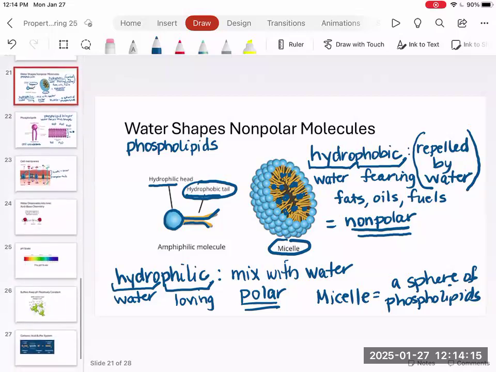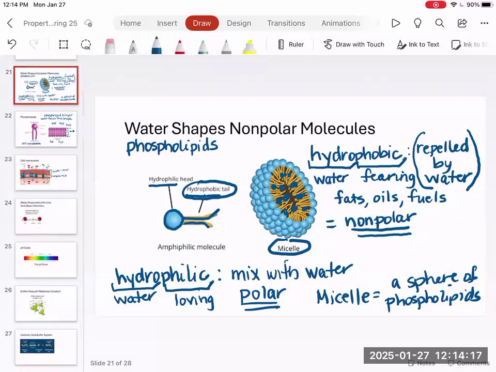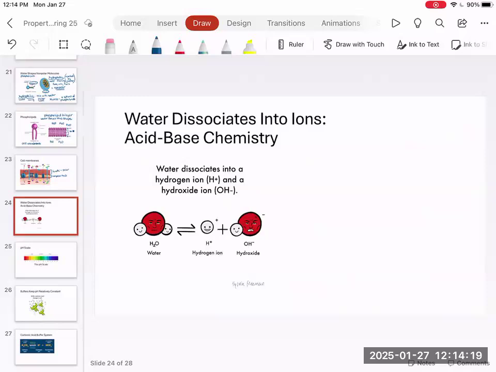Okay, let's move to the next property of water. This is the last one, and this is a big one. This is the basis of acid-base chemistry, and this is saying that water dissociates into ions. Okay, so let's look at this word dissociate. Let's talk about the opposite of that first.